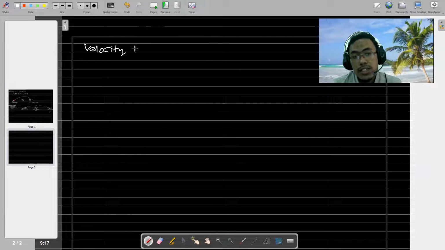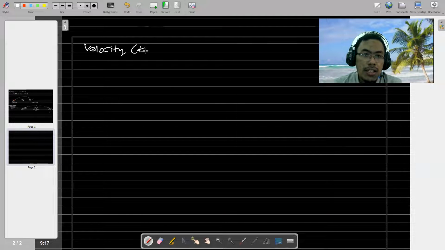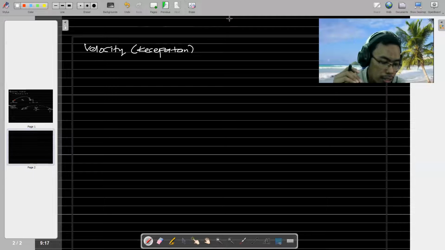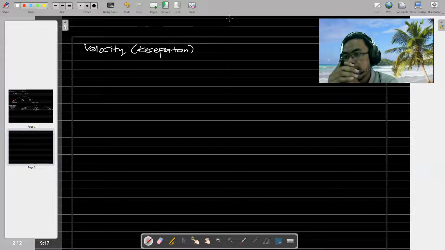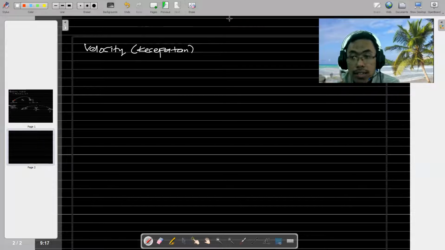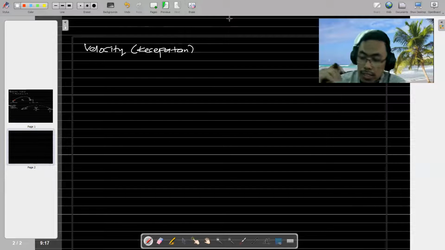So velocity, or in bahasa Indonesia we call it kecepatan. And velocity is a kind of vector. As we know, in quantities we have two types: the first one is scalar quantity, and the second one is vector.